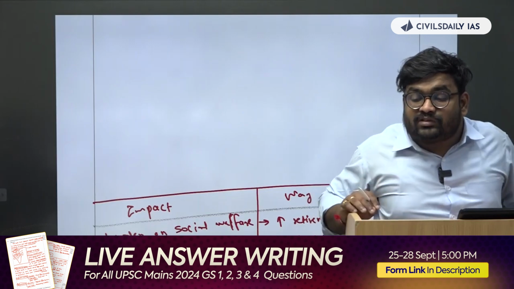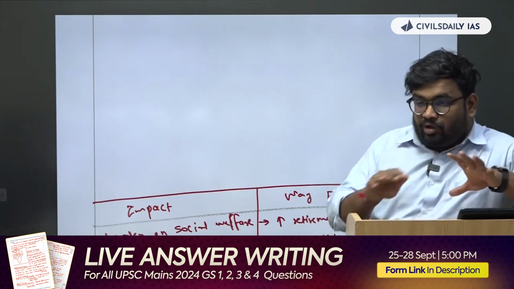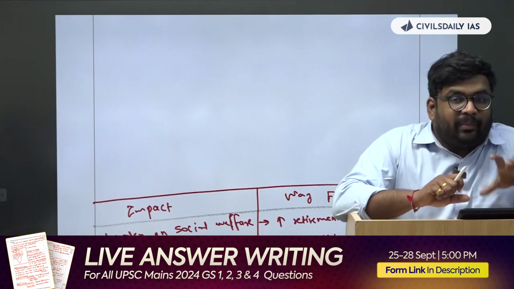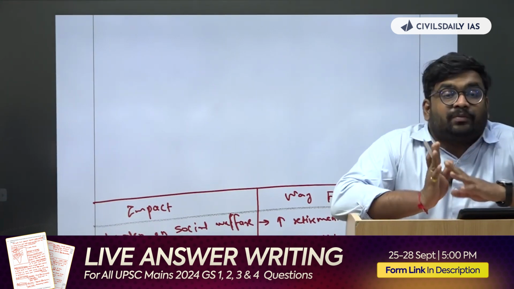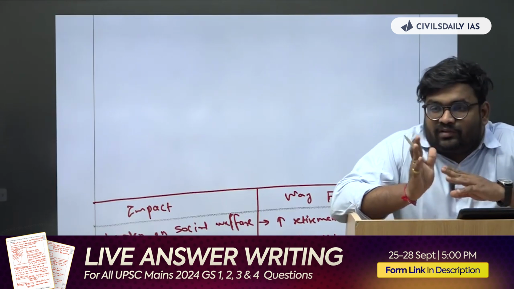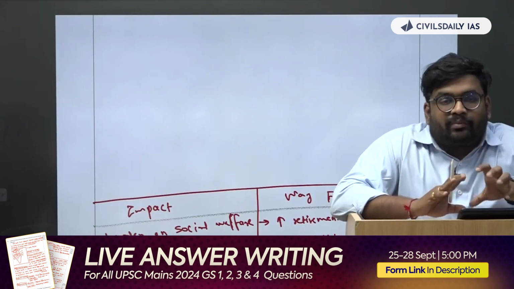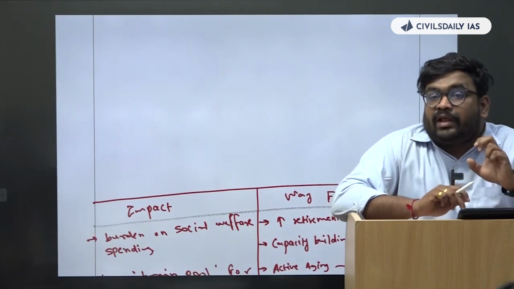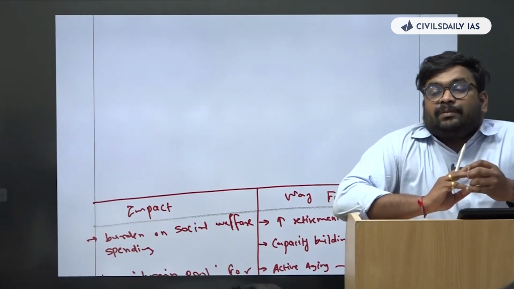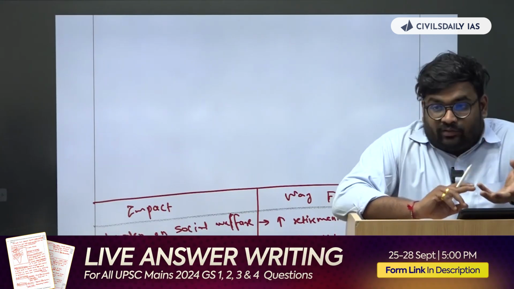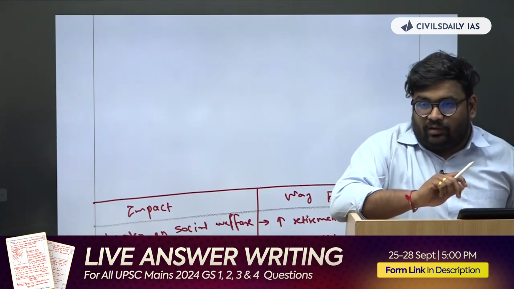There is no substantiation. See, always remember, in any point there are 3 aspects to your point. One is your subheading, second is your elaboration, and third is your substantiation. So substantiation can be done by data or example. So always remember that all these 3 aspects have to be there in your point. In case you feel that substantiation needs a bit of elaboration, in that case you can skip the elaboration part.